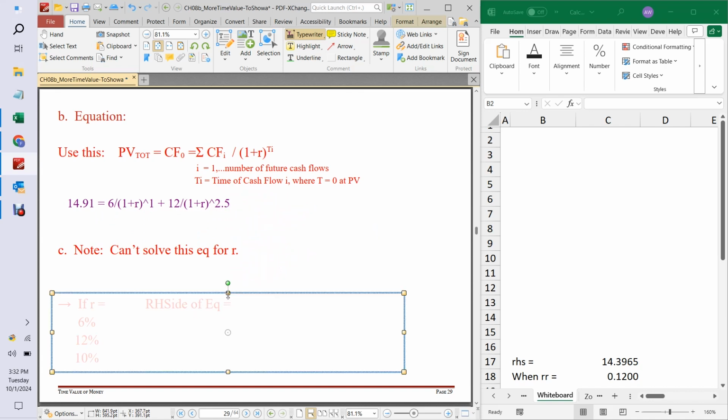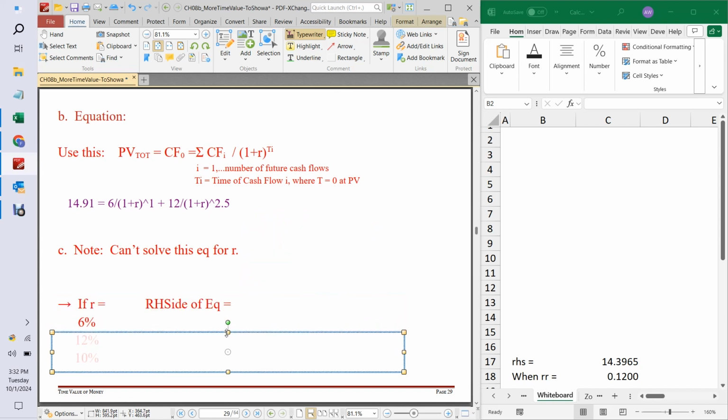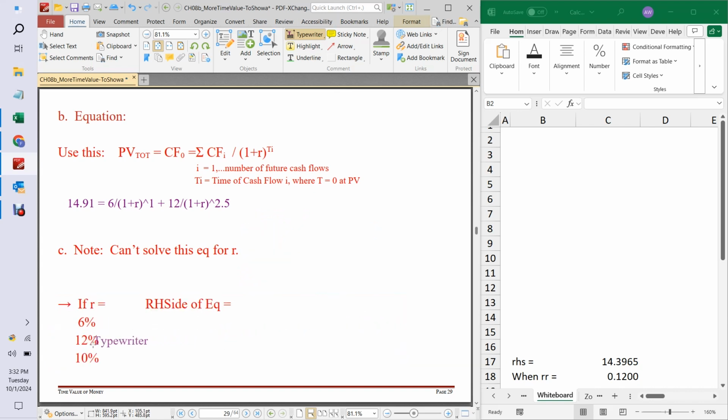All right, so now let's move on to figuring out if R is very close to or equal to 6%, 12%, or 10%. So the way to do this is literally just to plug in, right? So if R is equal to 6%, what we get is 6 divided by 1 plus 6%.